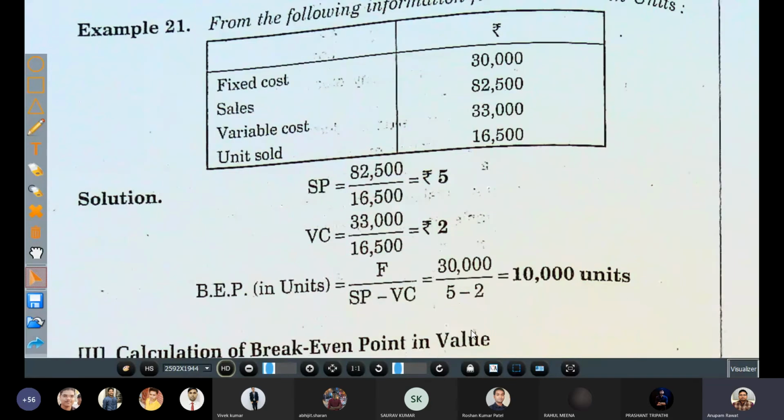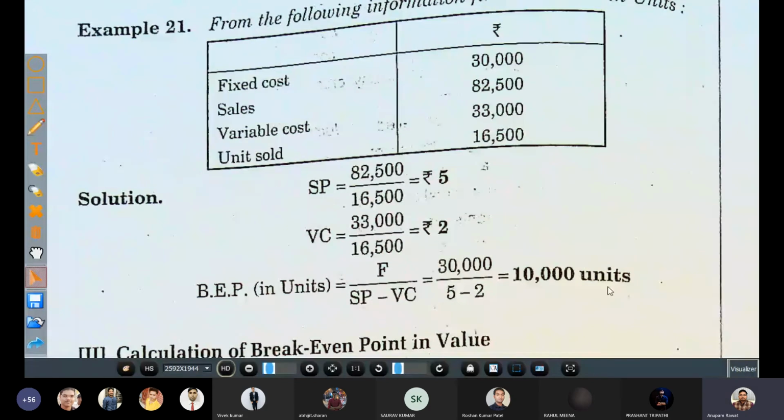So that is 2. Break-even point is fixed cost divided by the contribution. Contribution is 5 minus 2, that is 3. So that becomes 10,000 units. It means if the company produces 10,000 units, then we neither get a profit nor a loss.